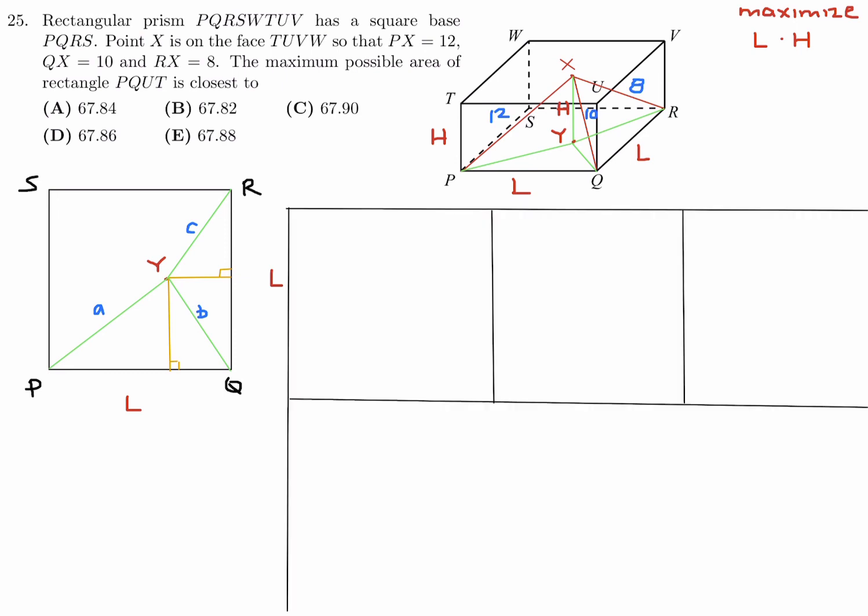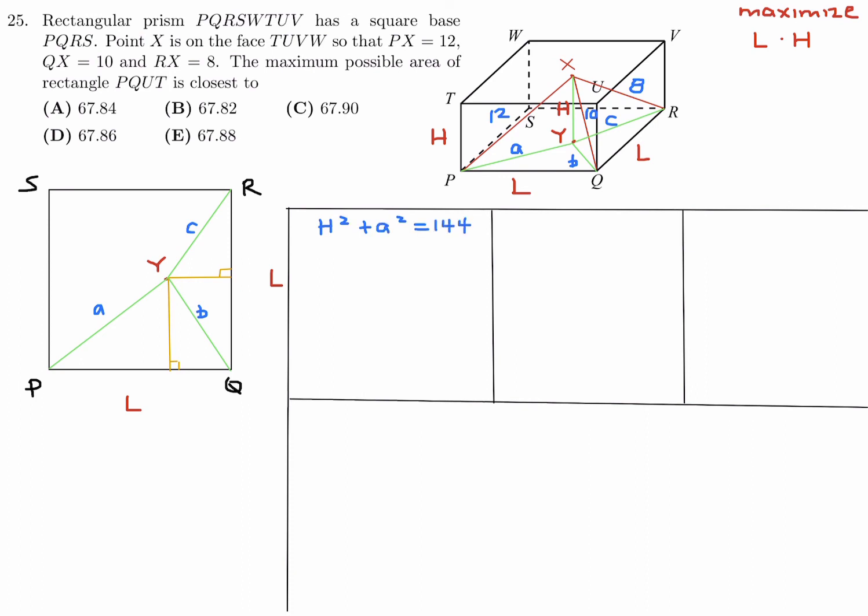So P to Y, I had labeled A. Q to Y, I have labeled B, and R to Y, I had labeled C. So let's carefully look at any Pythagorean relationships, and we've got a few of them. The first one, of course, is this one right here in this triangle: h squared plus a squared is 12 squared, which is 144.